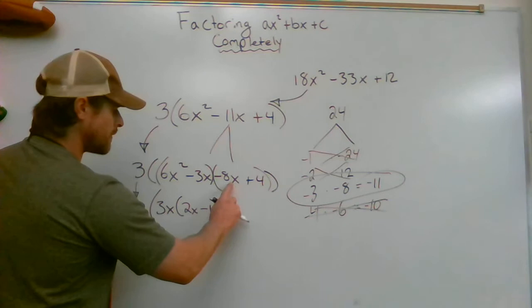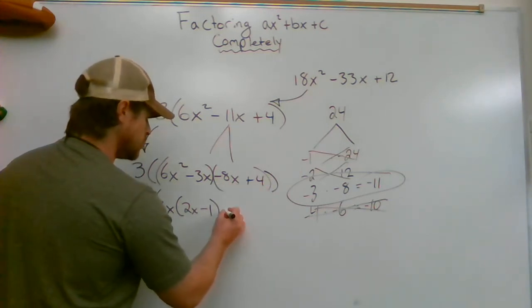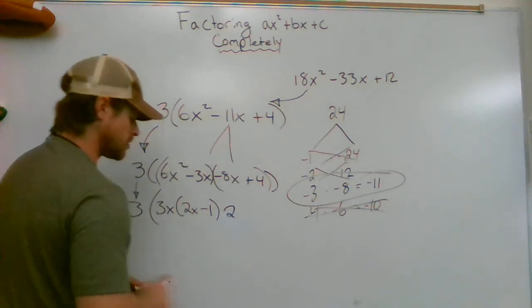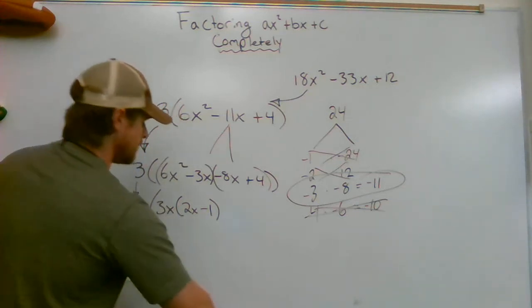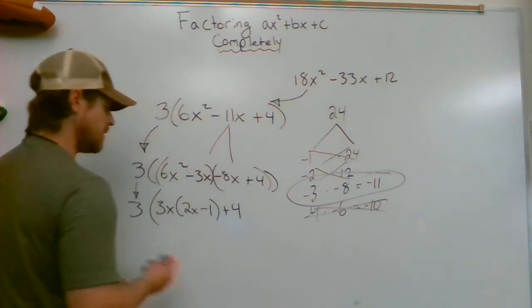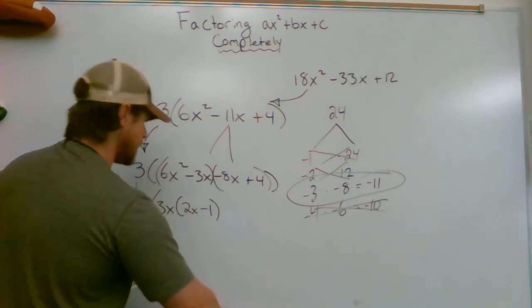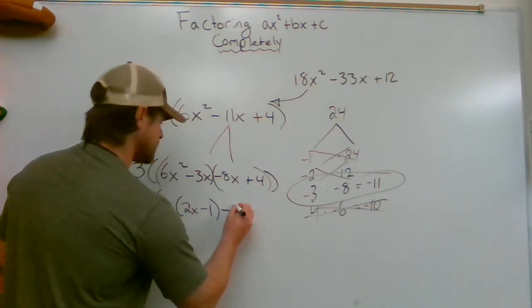Now, what's the GCF of negative 8x and 4? Well, I'm going to get a 2... Oh, excuse me, no. My GCF between 8x and 4 is 4. Plus 4. I lied. Minus 4.